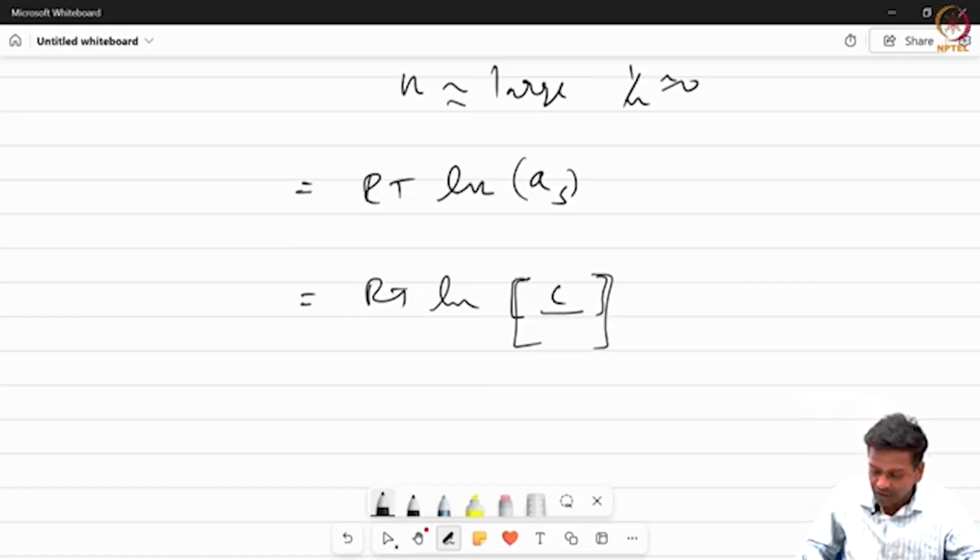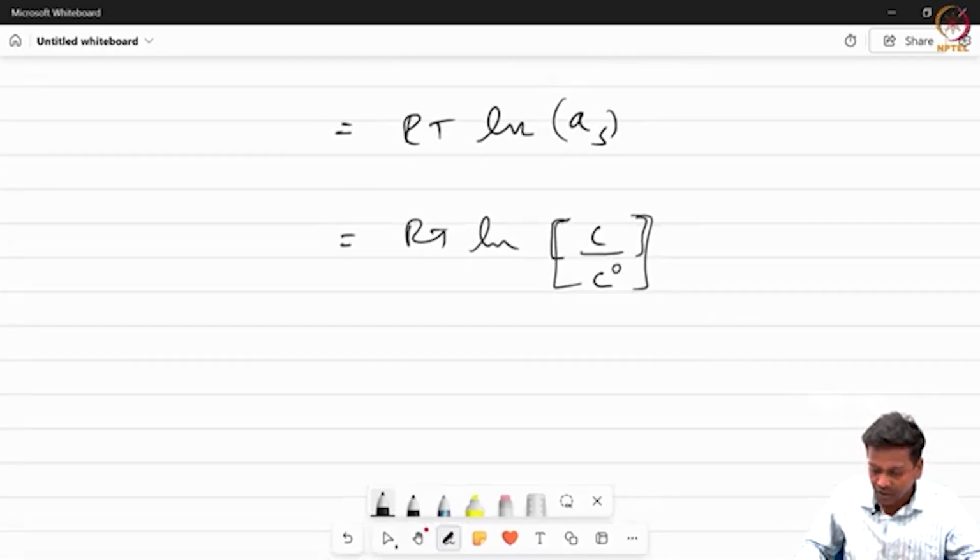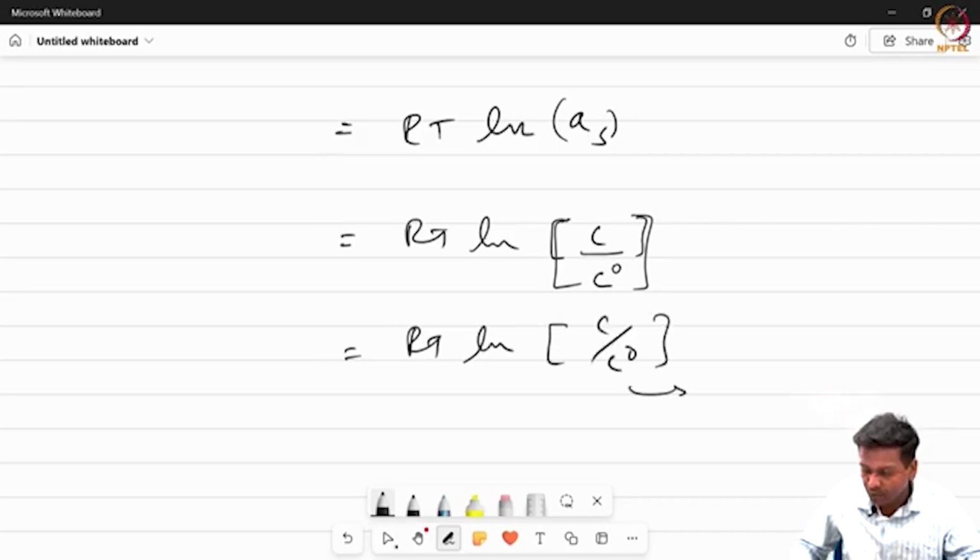But in this case, we can use some standard reference state to normalize this, so that this particular quantity will be dimensionless. So you can say that this is RT ln(C / C°). C° is for the pure water case, and C is for the aqueous solution.